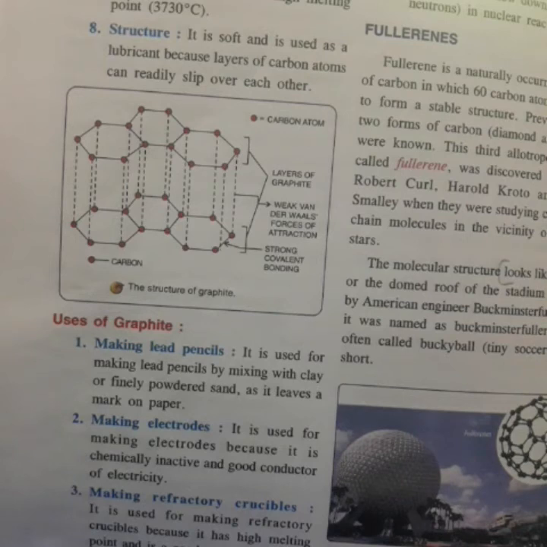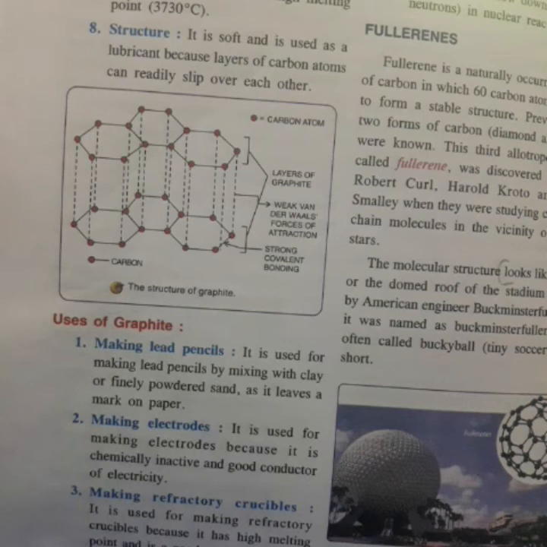Then third use, it is used for making refractory crucibles because it can withstand very high temperature. Its melting point is very high, so it can withstand very high temperature, and it is a good conductor of heat. Then in making polishes and paints.